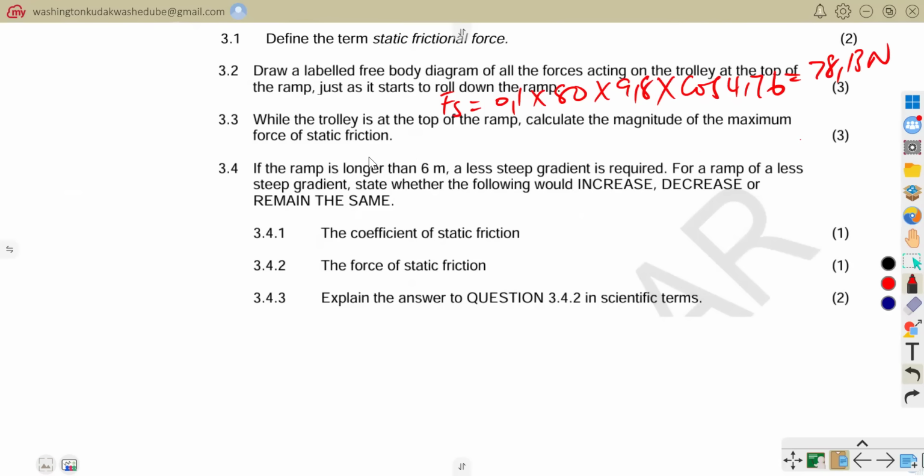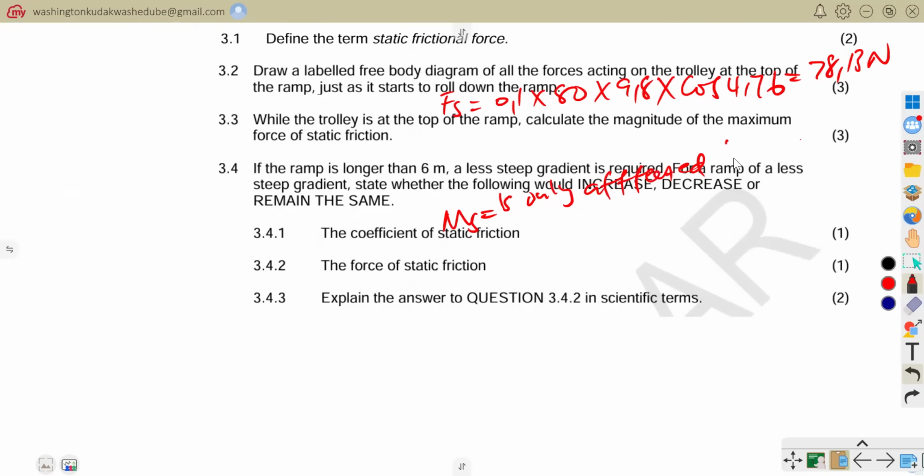Now they are saying if the ramp is longer than 6 meters, a less steep gradient is required. For a ramp of less steep gradient, state whether the following would increase, decrease, or remain the same. The coefficient of static friction. So the coefficient of static friction is only affected by the roughness of the surface.